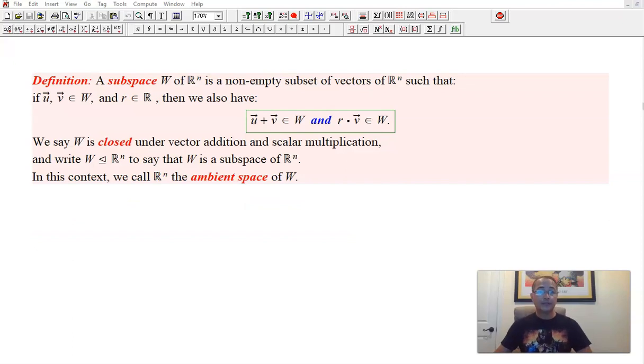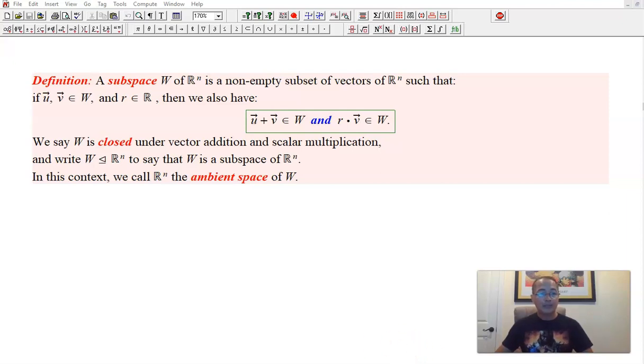So here's our first definition. A subspace W of Rn is a non-empty subset of vectors of Rn such that if u and v are both from W and r is a scalar, then we also have that u plus v is also in W and r times v is also in W. We say that W is closed under vector addition and scalar multiplication.